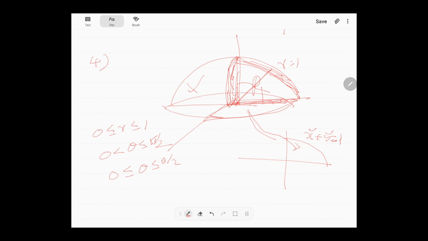Why 0 to pi by 2? If I take the projection that falls here, this is the x-axis, P is here, the projection is Q, this is OQ, this is the angle that I am writing here. This angle is also 0 to pi by 2.